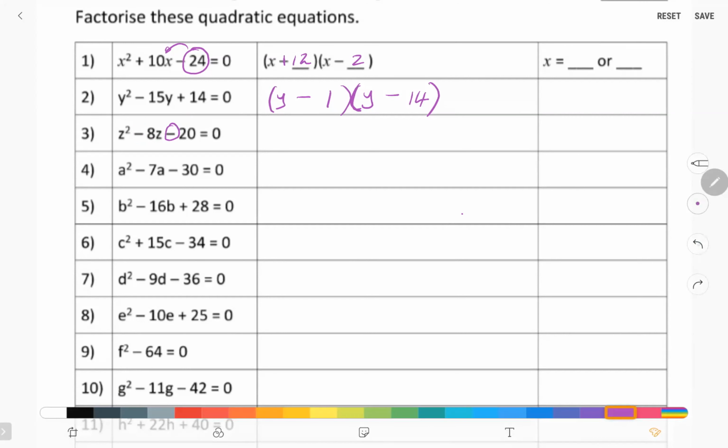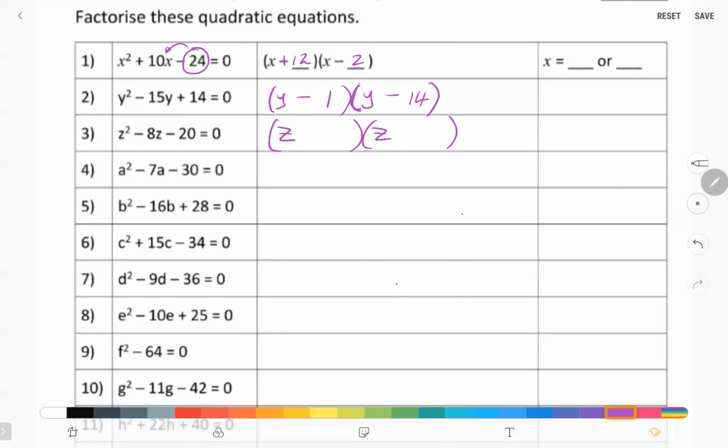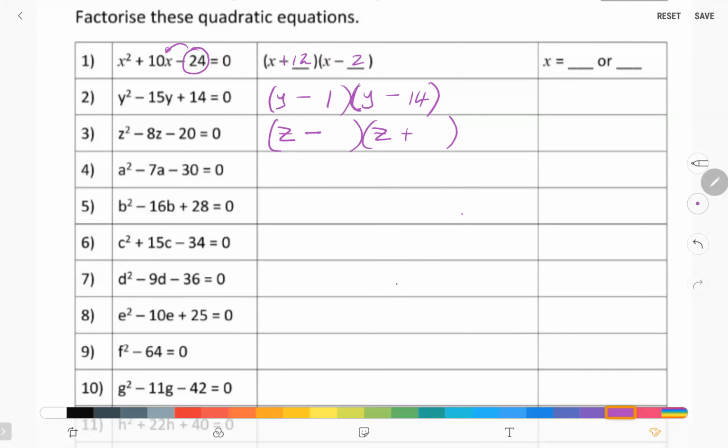All right? So look how I can factor this quick now. Bracket, bracket, z. Signs in the bracket are different, one negative, one positive. I have to give the larger one the negative. Then the two factors of 20 where the difference is 8 are 2 and 10. The larger one must be negative and the smaller one positive. See there? That's it. I factorized that.